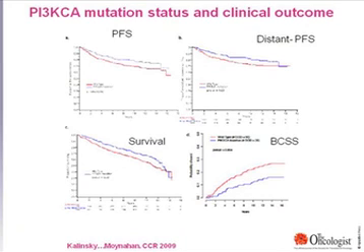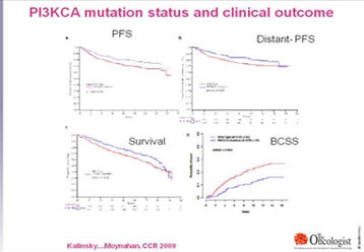This is data from the breast group at Memorial Sloan Kettering Cancer Center that they published about 6 months ago in Clinical Cancer Research. They had a beautiful data set of patients with node-negative disease over the years, and they were following the cases clinically, so they have complete clinical follow-up, and they looked at what was the implication of having a PI3 kinase mutation on clinical outcome.